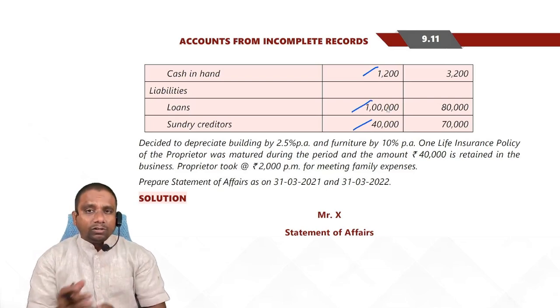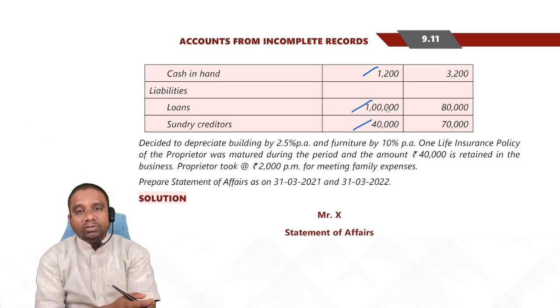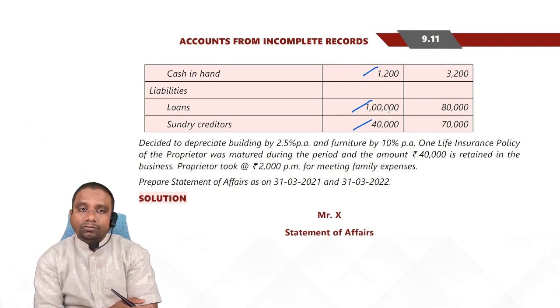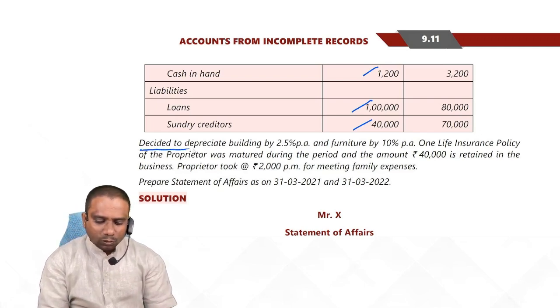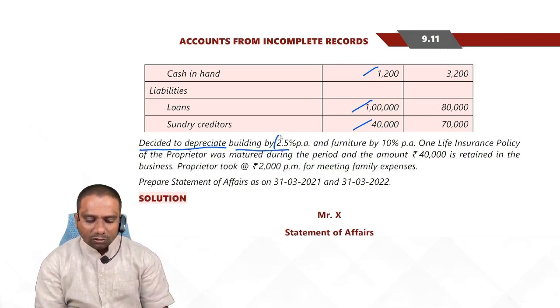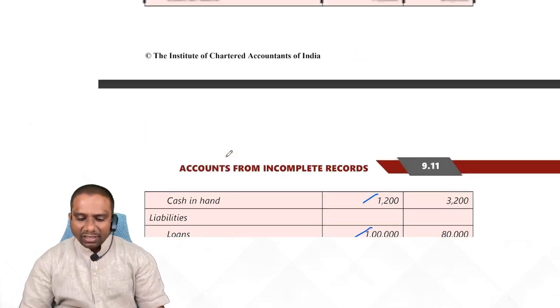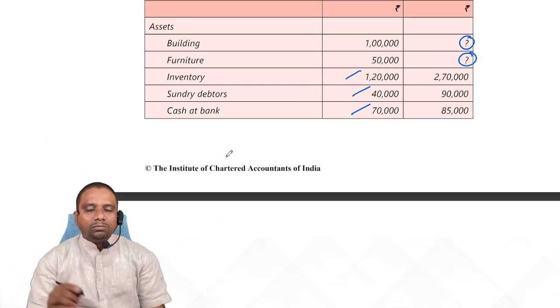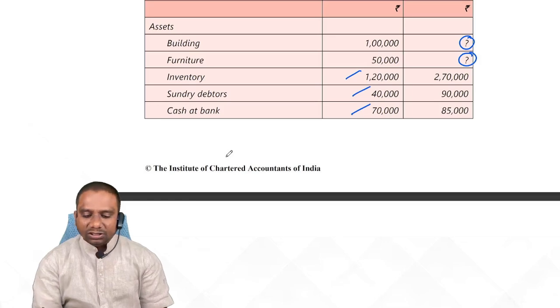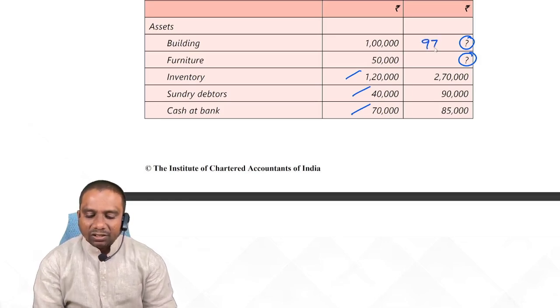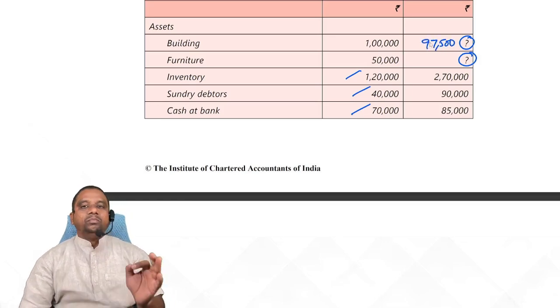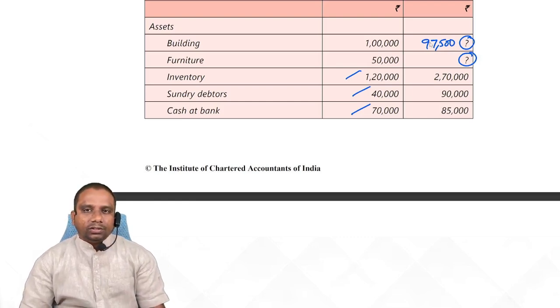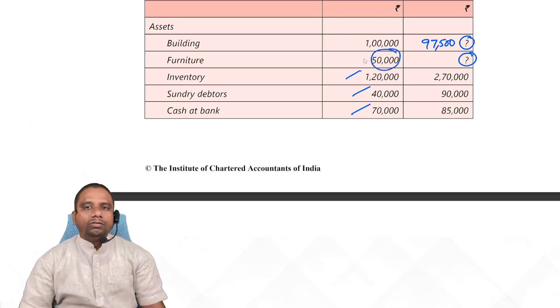So whatever information is available with you, we should prepare the statement of affairs. Next one. Decided to depreciate building by 2.5%. Means at the end of the year, 1 lakh minus 2.5% depreciation, so here we get 97,500 building value.